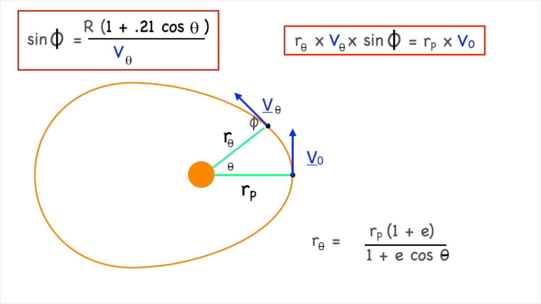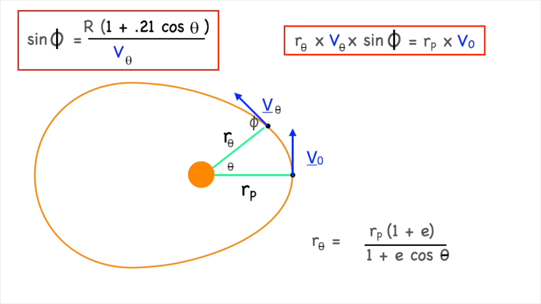So, in the red box on the left, we have an expression for sine phi, which we can plug into the equation in the red box on the right. Take a moment and see how these expressions relate to the diagram of our orbit in real space.